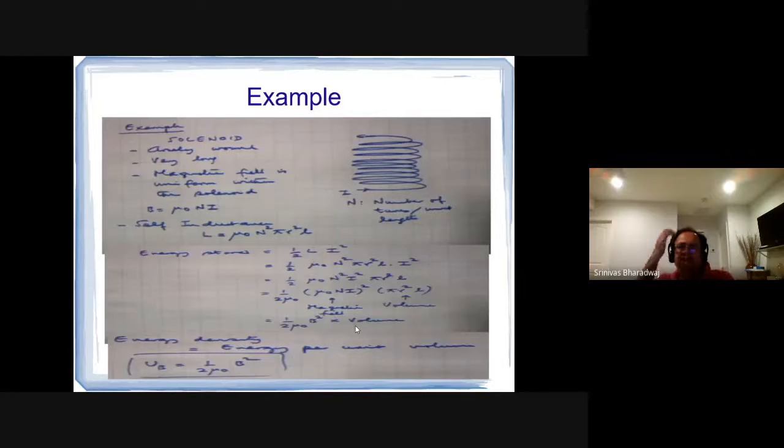And so that brought us to the energy stored being half Li square, and the energy density per unit volume being half B square by 2 mu naught.